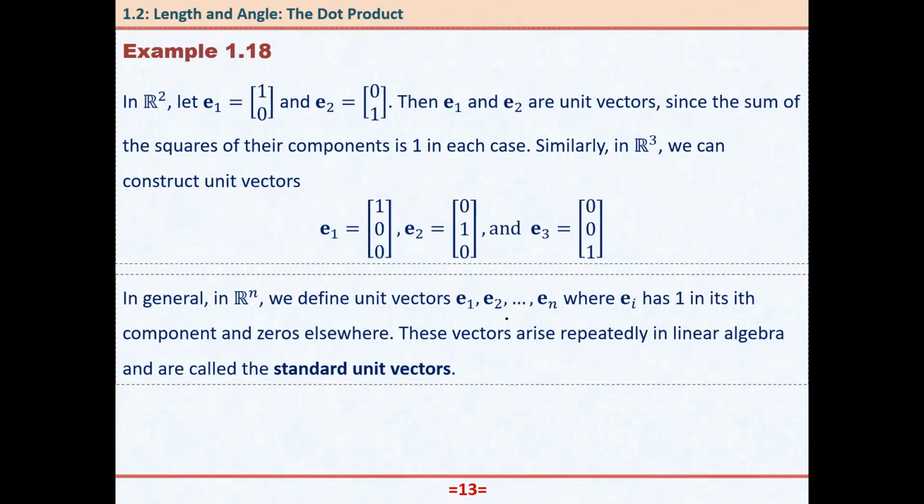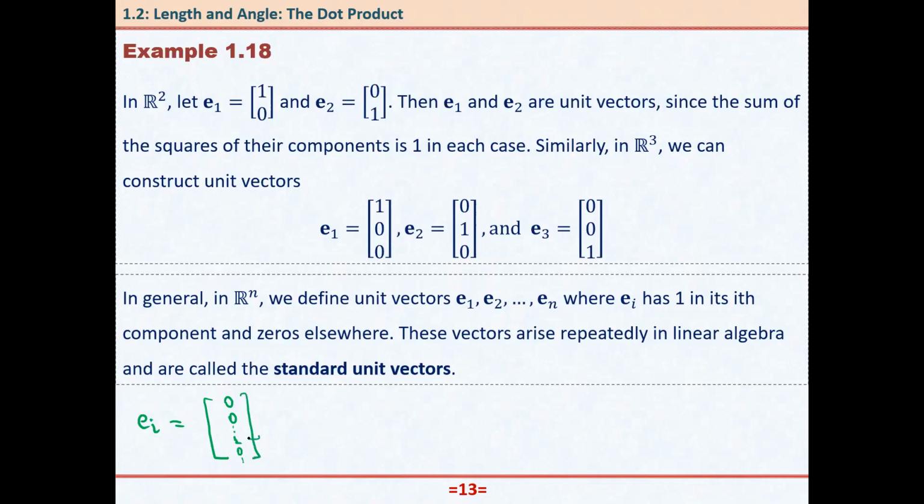Actually, I'm going to use this a lot in the future. That's why you need to know them very well. Here e sub i has 1 in its ith component and zeros elsewhere. So these vectors arise repeatedly in linear algebra, and they are called the standard unit vectors. What do we mean by e sub i? Here we have 0, 0, and so on, then 1, then 0.